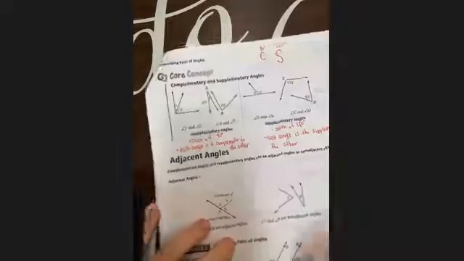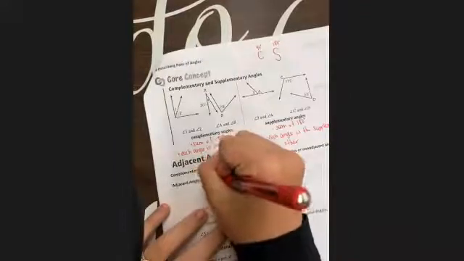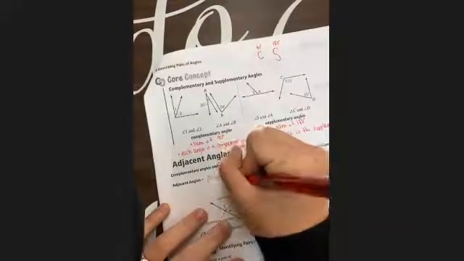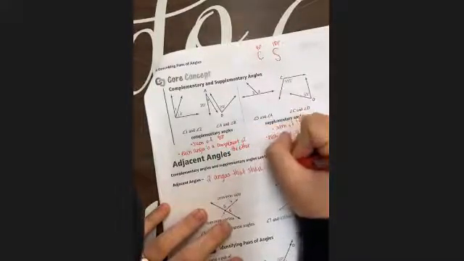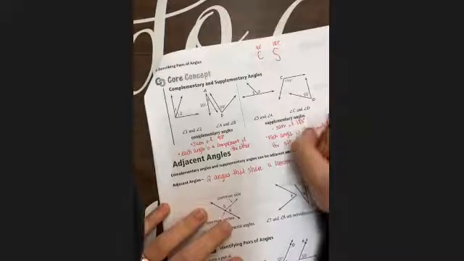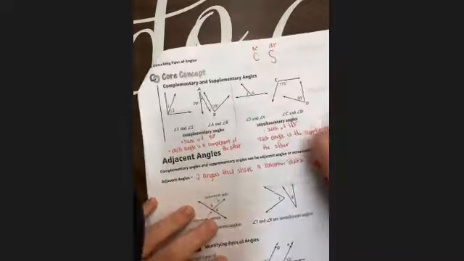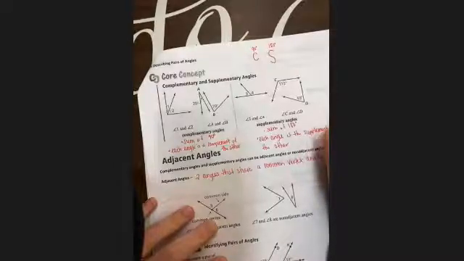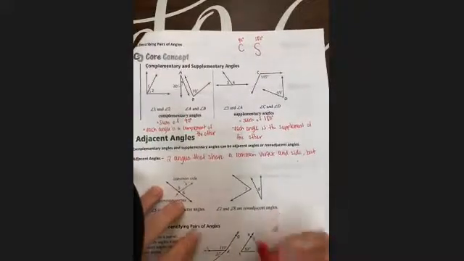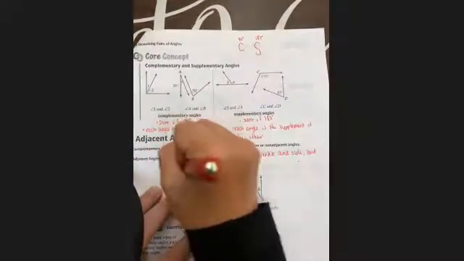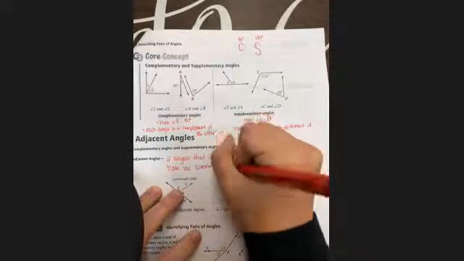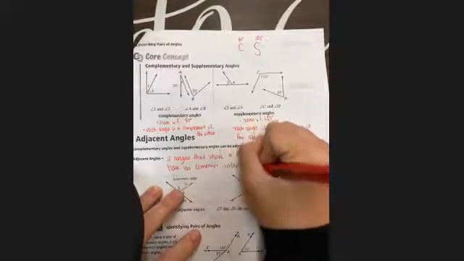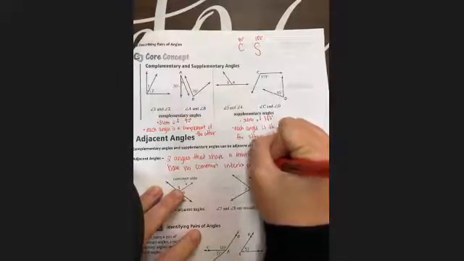So when you have adjacent angles, that means that two angles share a common vertex and side, but have no common interior points, meaning they don't overlap each other basically.